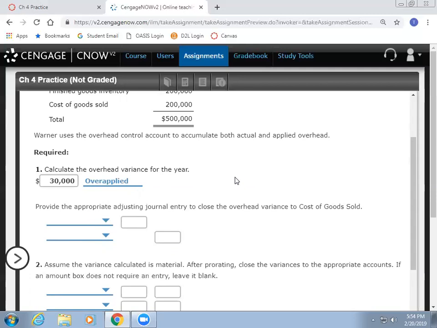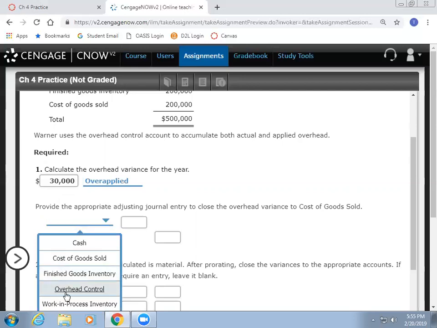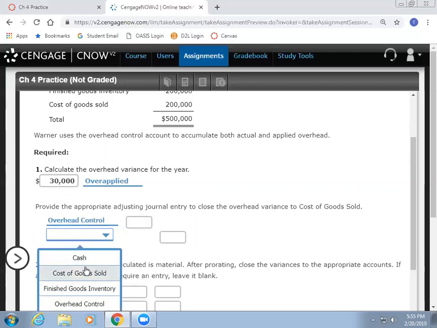Because cost of goods sold is basically an expense account, and it increases on the debit side. So when it's over applied, we're going to credit cost of goods sold because it's reducing our cost of goods sold because we charged our customers more of our expenses. Kind of works out, right? So we debit our overhead control and we credit cost of goods sold.